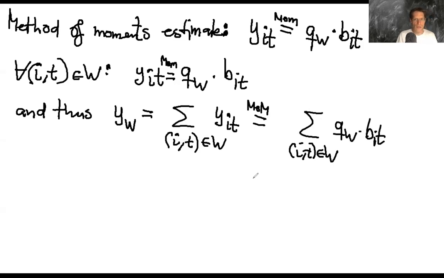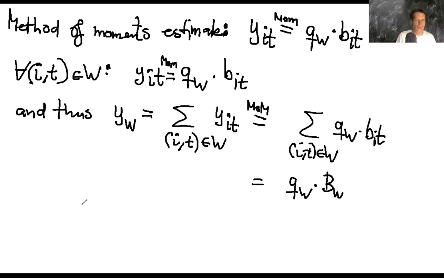And then you already see that the q_W doesn't depend on this, so we can pull that outside the parentheses. And then we have here b_it summed over all the space-time blocks which are in W. That is simply, as we defined it earlier, b_W, right?